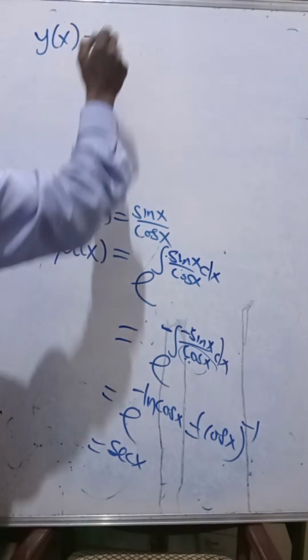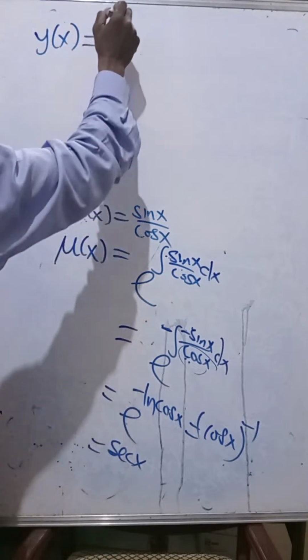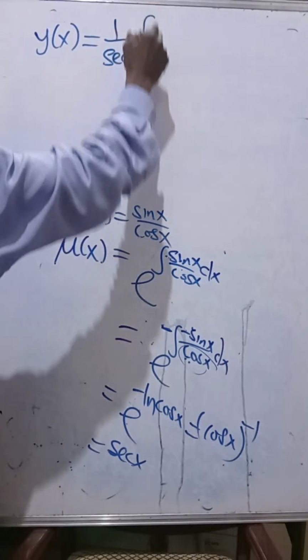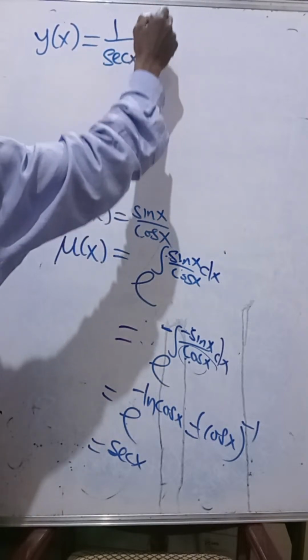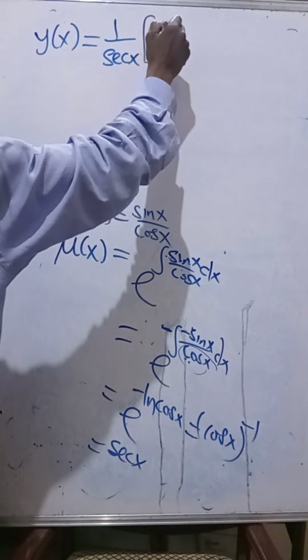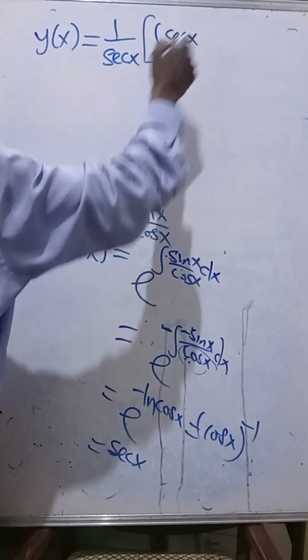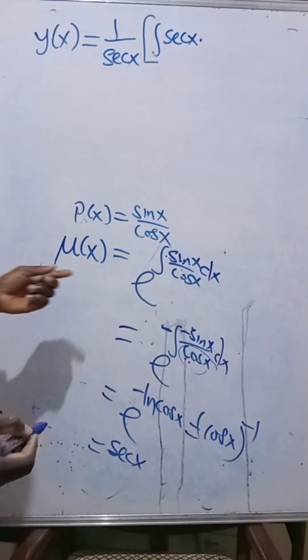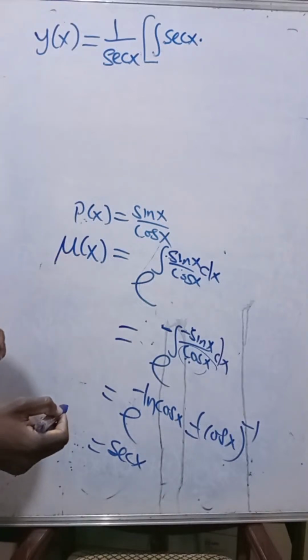The general solution is 1 over the integrating factor, which is sec x, times the bracket of the integral of the integrating factor times our f of x.